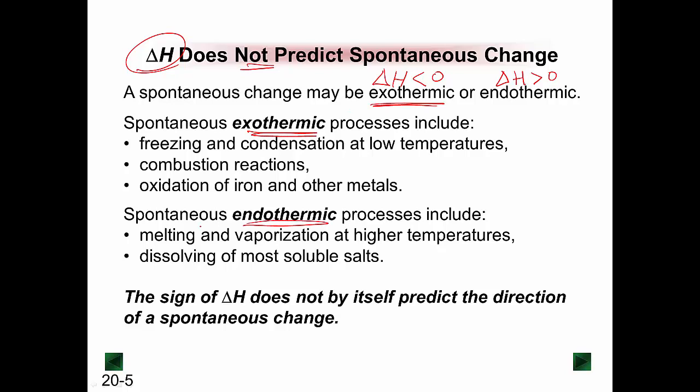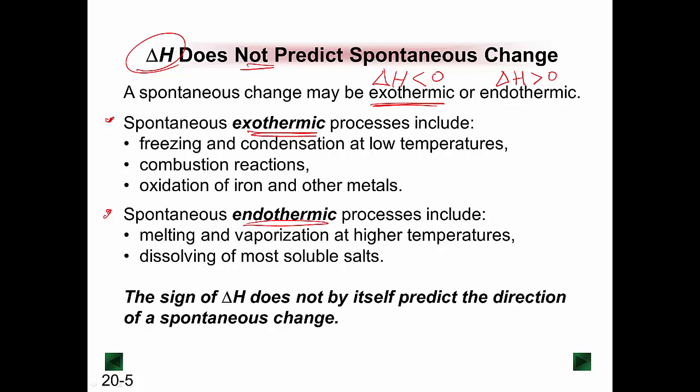So what we have is some examples of things that are spontaneous exothermic and spontaneous endothermic. An example of a spontaneous exothermic process would be freezing and condensation at low temperatures. Combustion reactions are spontaneous exothermic, where our delta H is less than 0, and then oxidation of iron and other metals is another example. This first point is not so surprising, but sometimes people find this part a little more surprising, and that is that spontaneous endothermic processes exist.